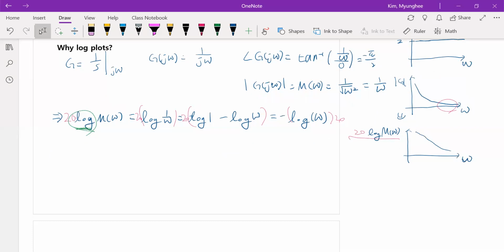So now what you can do is, for the log magnitude plot only, we know it'll have something like this, but typically we are looking at a small, low frequency, which can be omega equals 0.1, then 20 log 0.1 becomes 20, right?